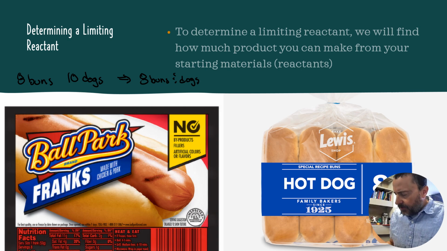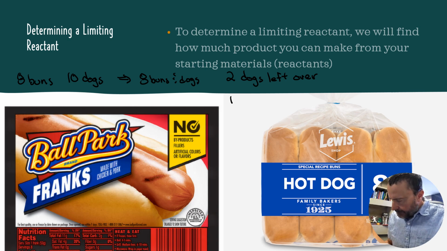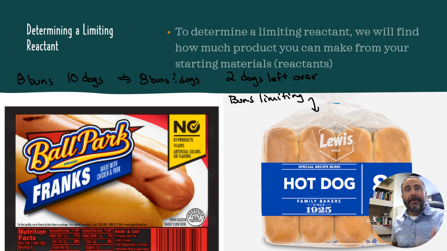You would have 2 dogs left over, and the buns are limiting. They limited how many buns and hot dogs we could put together. We ran out of buns. We still had hot dogs left over. Those are in excess.